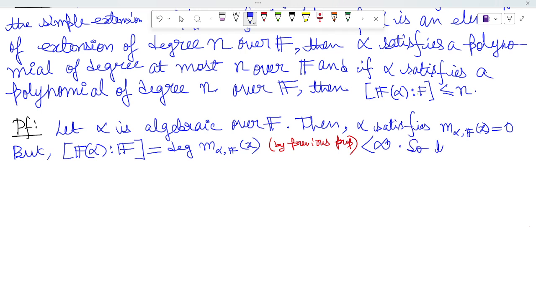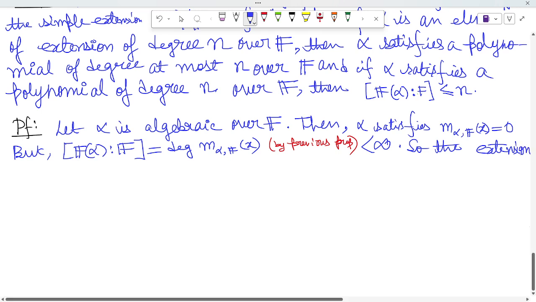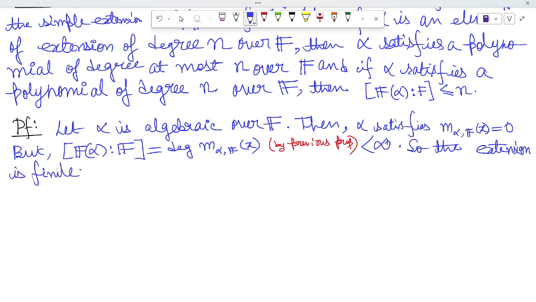So the extension is finite. We need to show the converse.